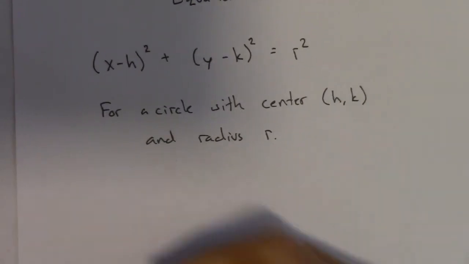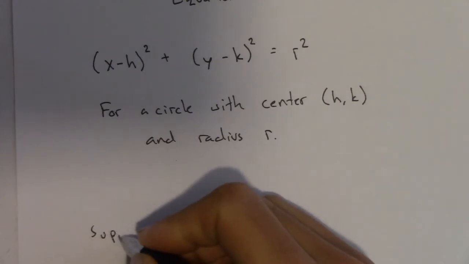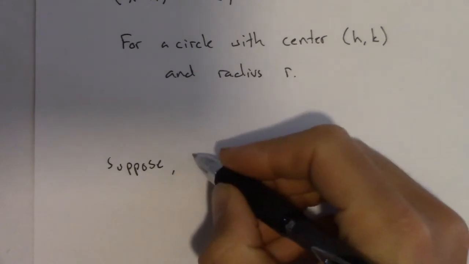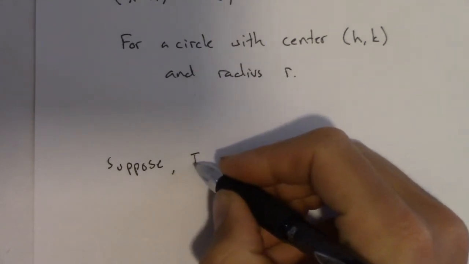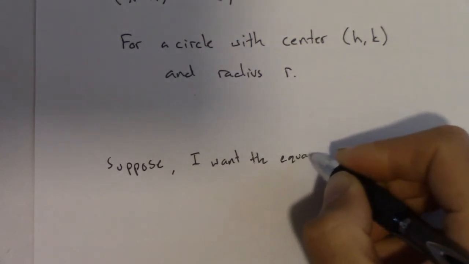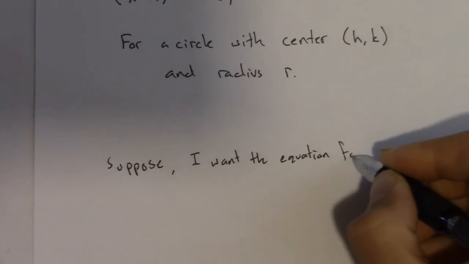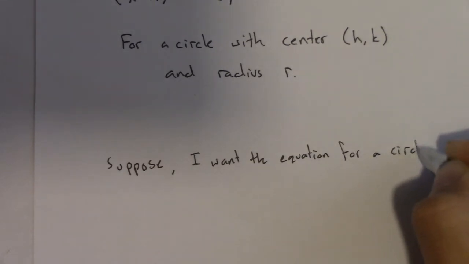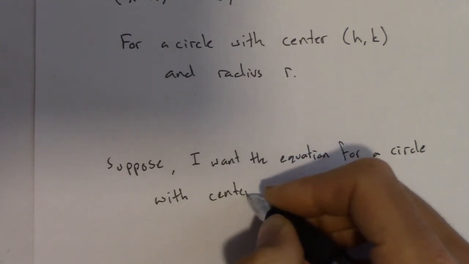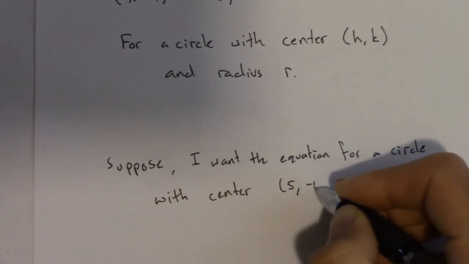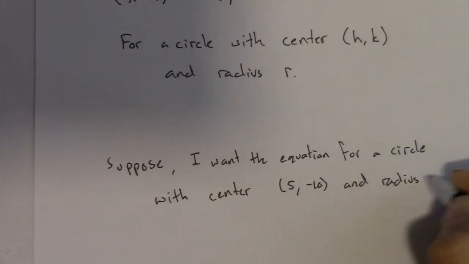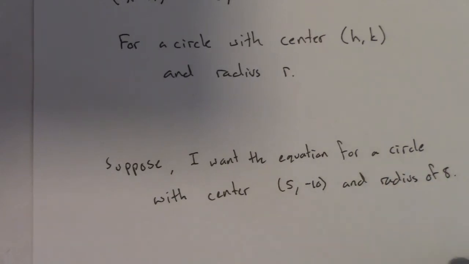So for example, suppose I want the equation for a circle with center (5, -10) and a radius of 8.